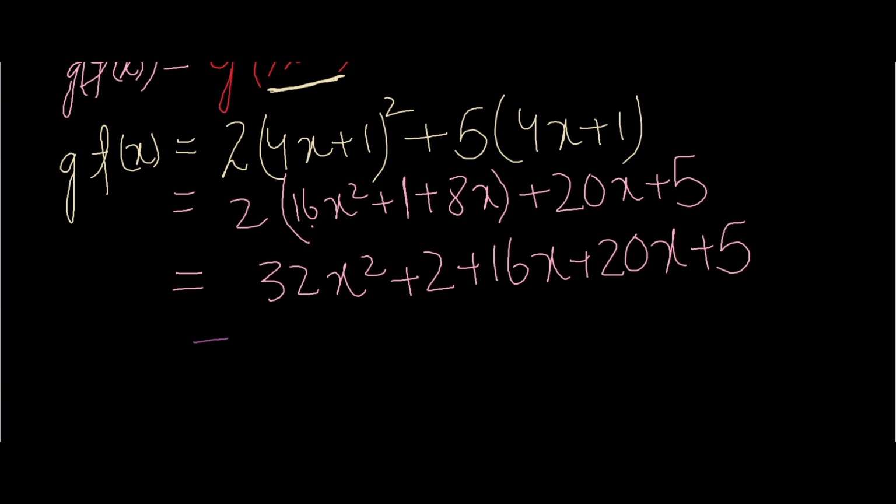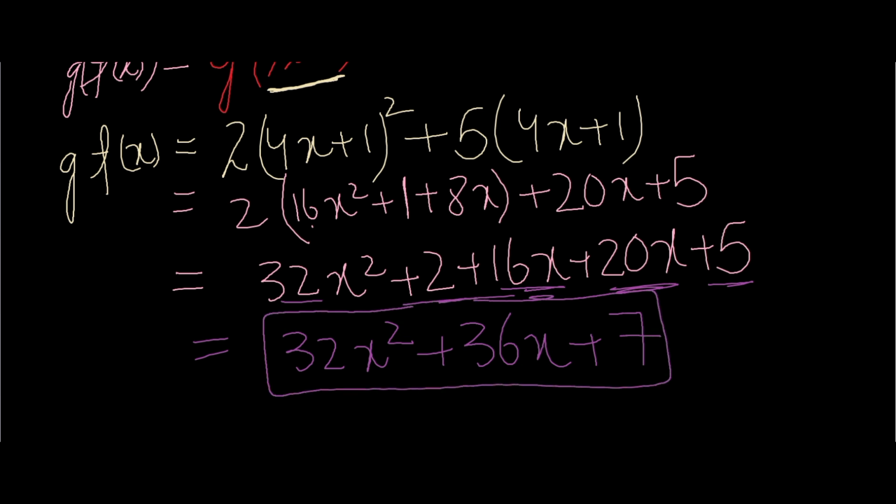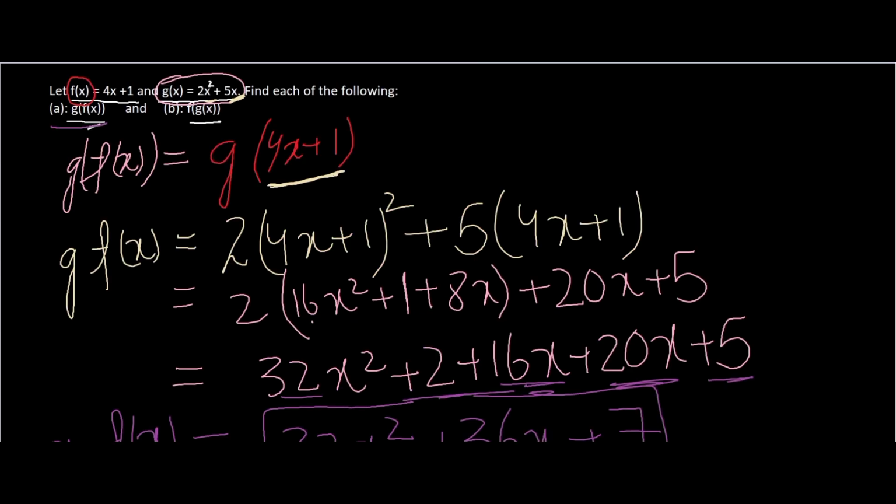So 32x squared, I'm going to write as it is, and 16x plus 20x is equal to 36x, and 2 plus 5 equals 7. So the final answer, the final composite function g of f of x, is 32x squared plus 36x plus 7. This is the first part, which says to find g of f of x.